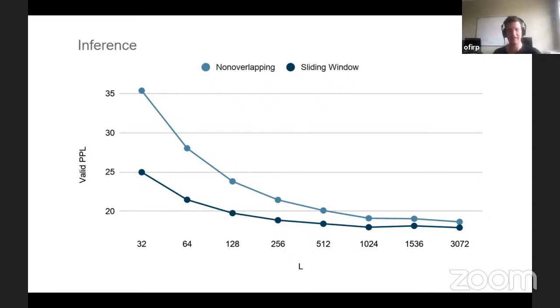But second of all, and you can see these exact numbers in the paper, it's not super clear here, but in the non-overlapping case, there's a significant difference between the model whose input length is 3,000 and all the other models. Like the 3,000 model is really, really good. But if you do sliding window inference, then the model whose input length is 3,000 actually performs just as well as the model whose input length is 1,000.